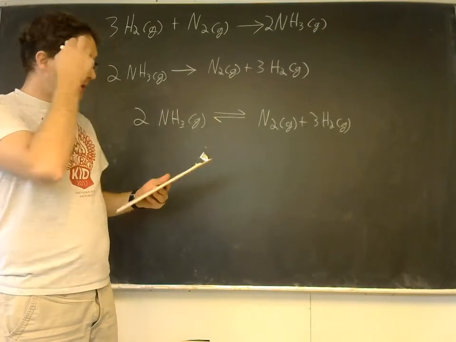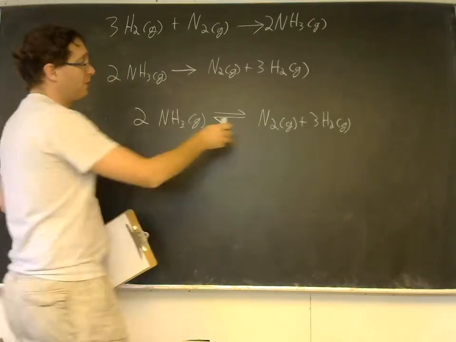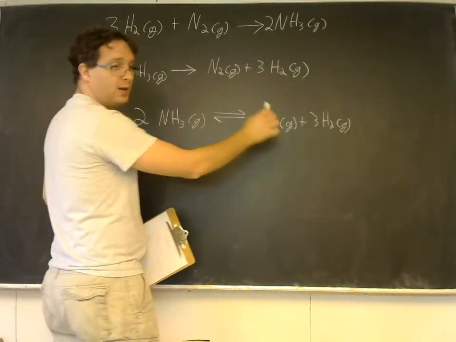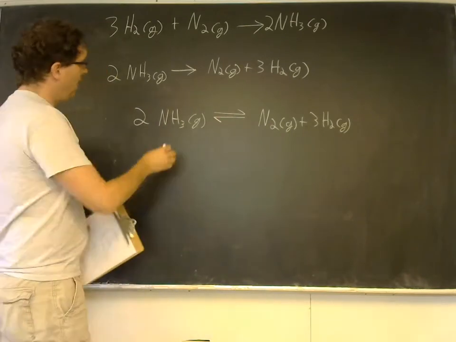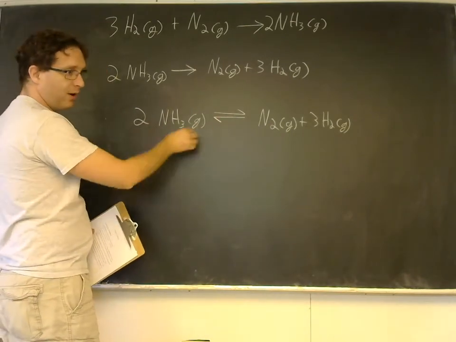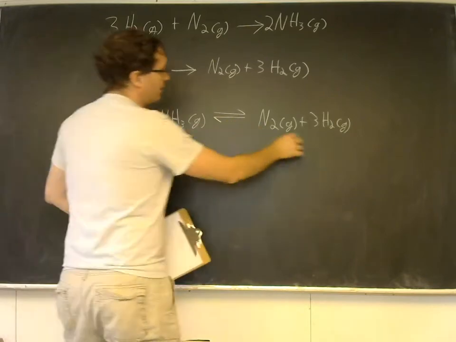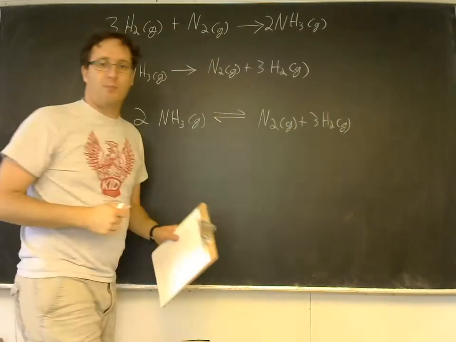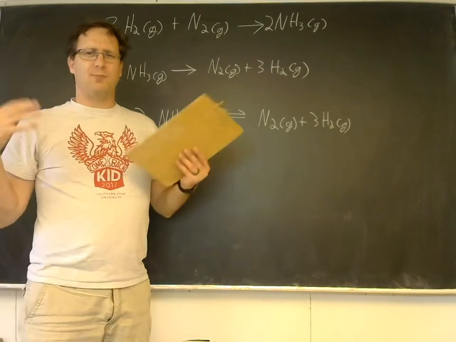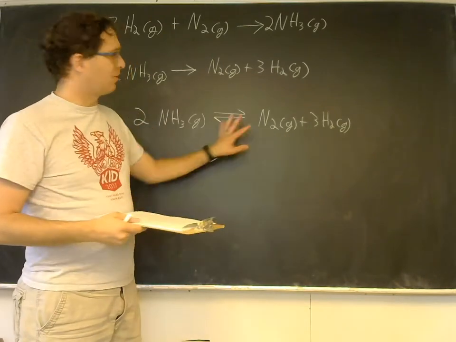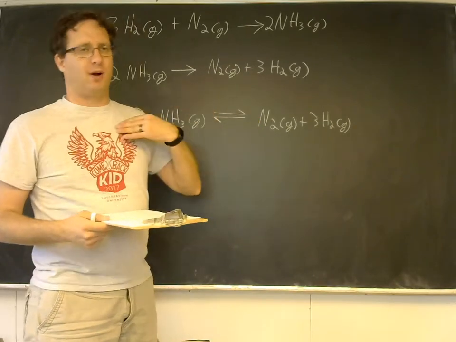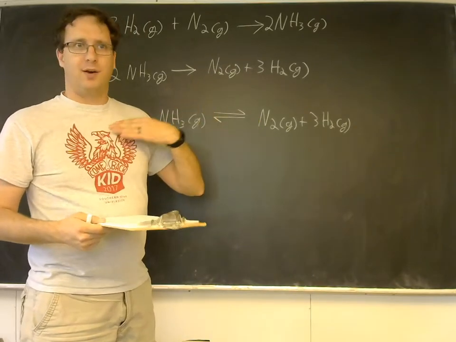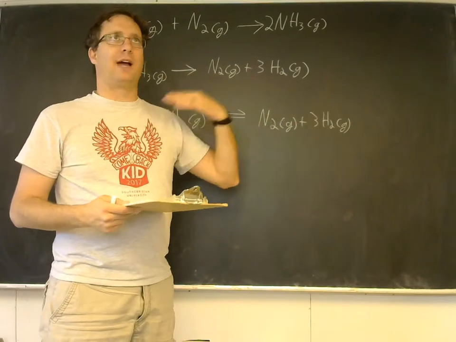And then also I want to point out that we could have written this the other direction. So we need to be very careful when we talk about equilibrium reactions. What's on the left side of the arrow we'll call reactants, and what's on the right side of the arrow we will call products. But someone else may have made the decision to write this equilibrium reaction in the reverse, and their reactants would be our products, and our products would be their reactants.